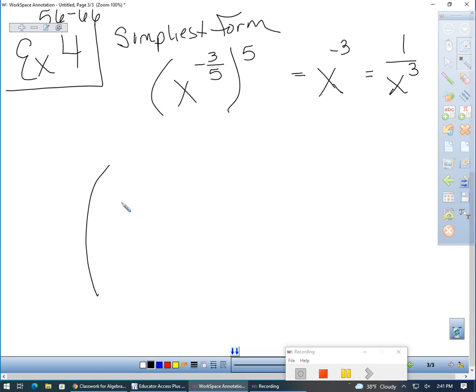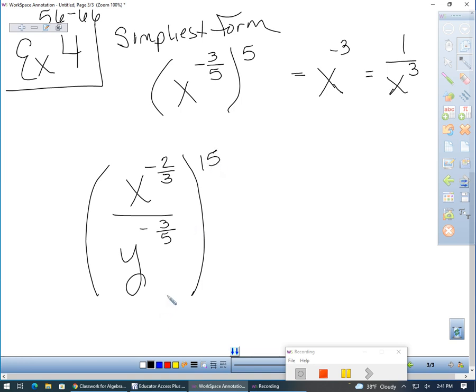How about if I have, let's go with x to the negative 2/3 over y to the negative 3/5, all raised to the 15th power. All right.